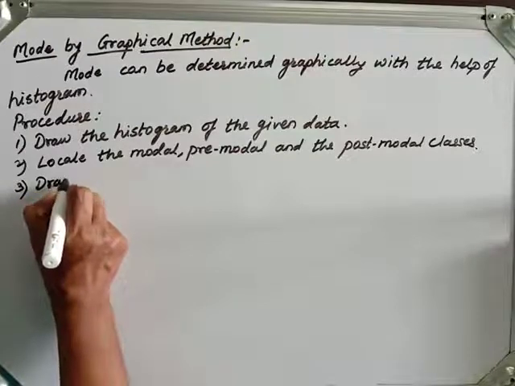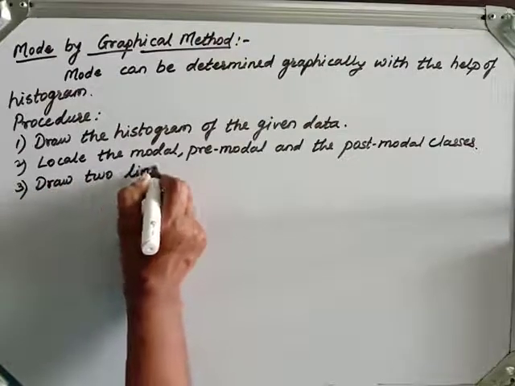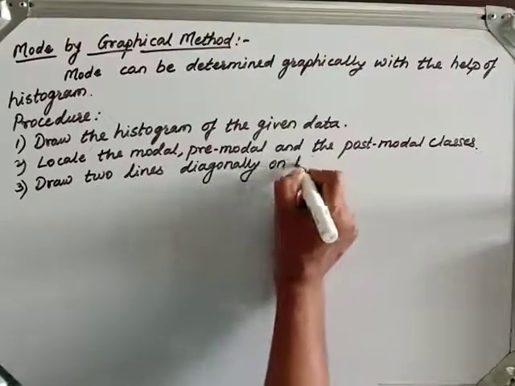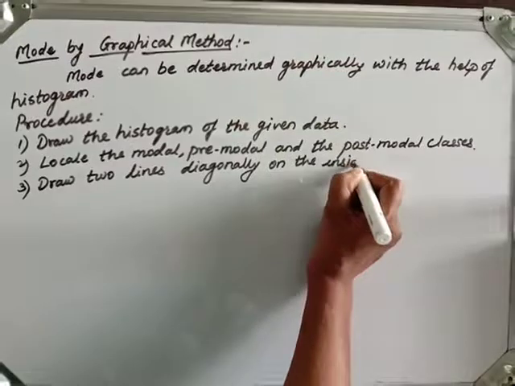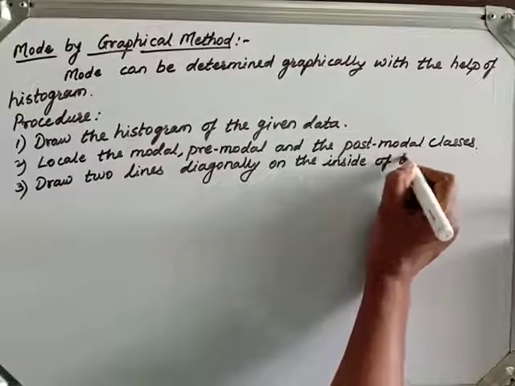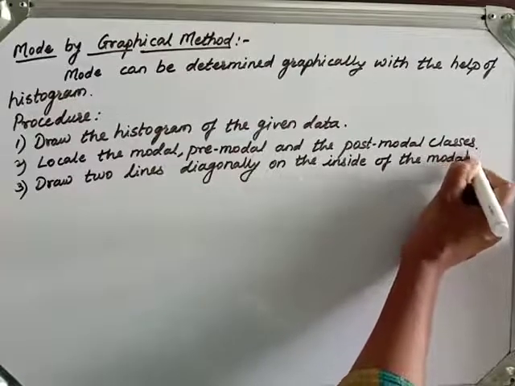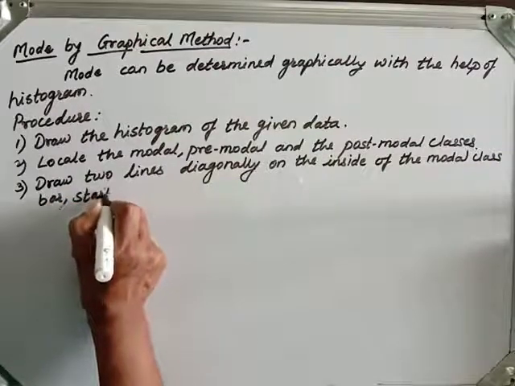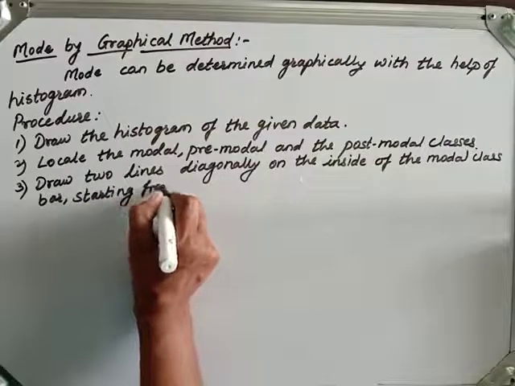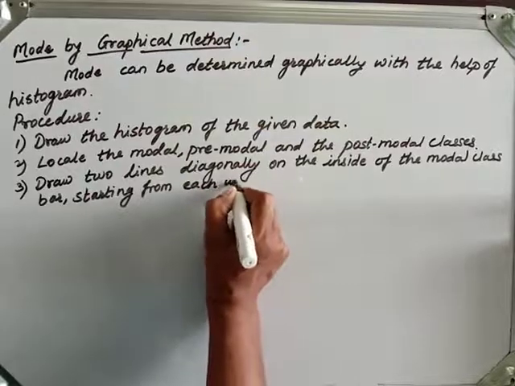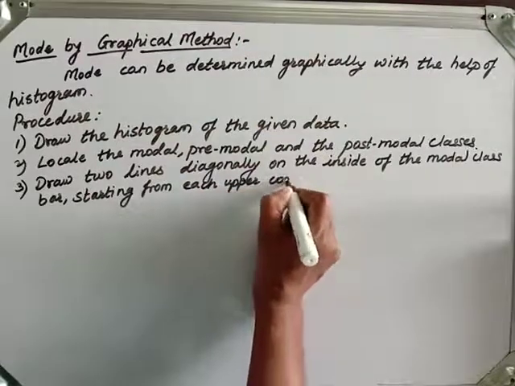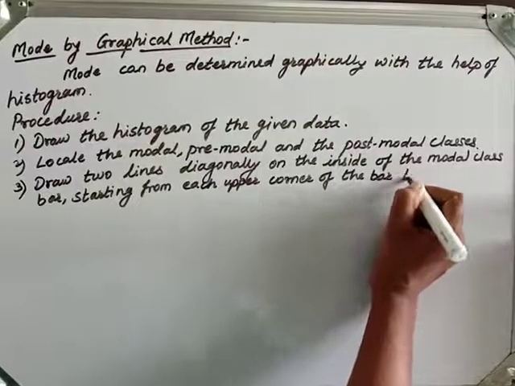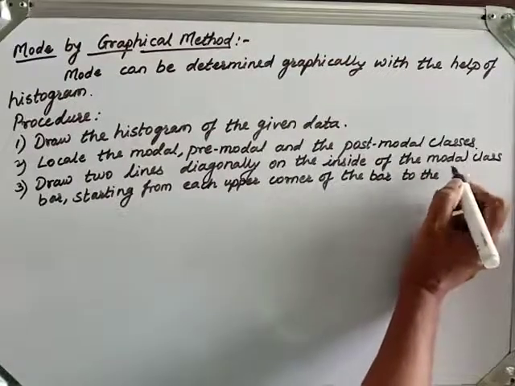Now the third step is to draw two lines diagonally on the inside of the modal class bar, starting from each upper corner of the bar to the upper corner of the adjacent bar.